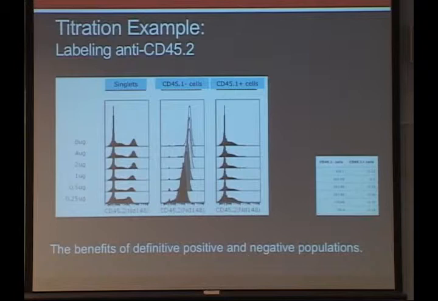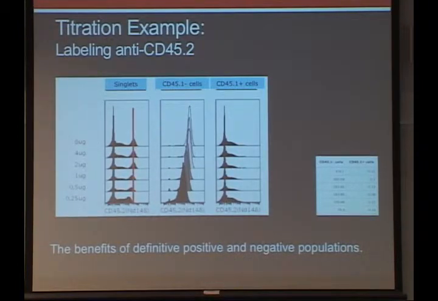So as you'll see here, I've labeled cells with both of those. And looking just at a 50-50 mixture of those cells from in vitro, you'll see that as I label CD45.2, I have a nice bimodal distribution of those cells in my singlet gate. So I have both my 45.1 and 45.2 positive cells.